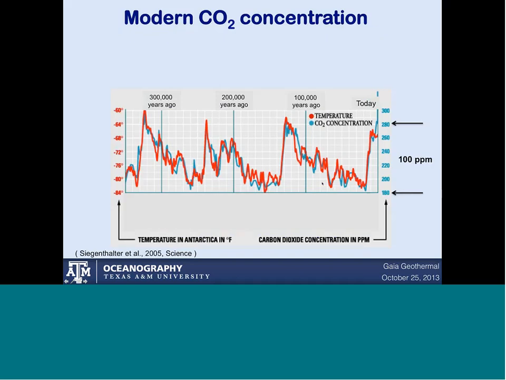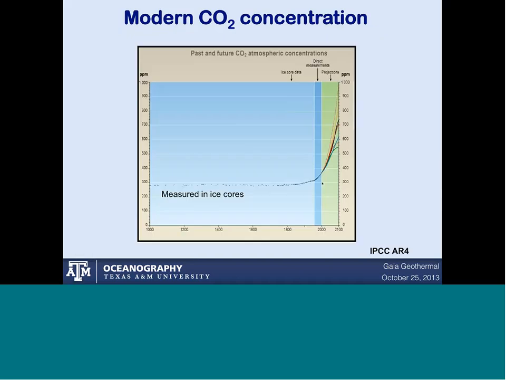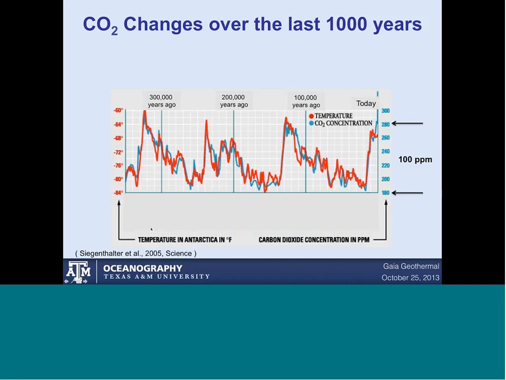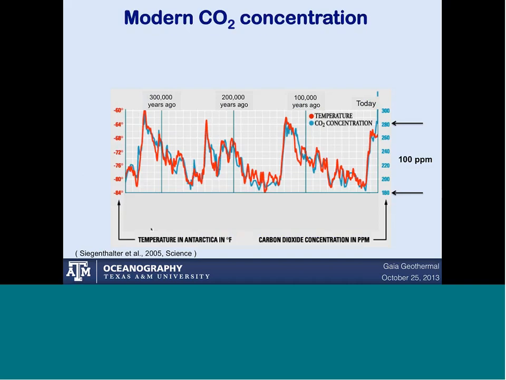Now, can we go back even farther than 1,000 years? The answer is yes. The ice cores actually go back about 700,000 years, some of the ones from Antarctica. But on this slide, what I'm showing you is the CO2 levels in Earth's atmosphere back to about, here's time starting with today, 100,000 years ago, 200, 300,000 years ago.